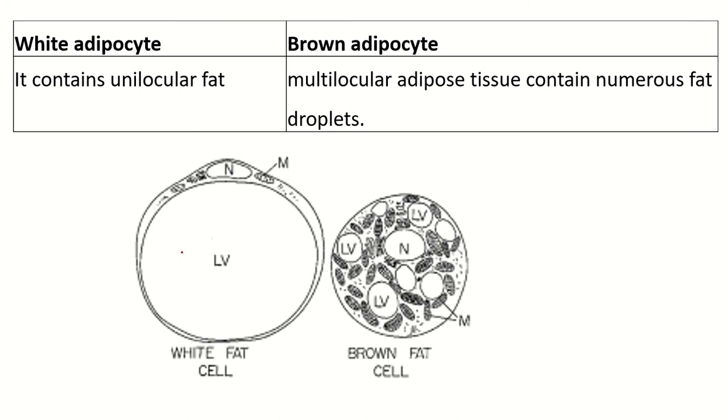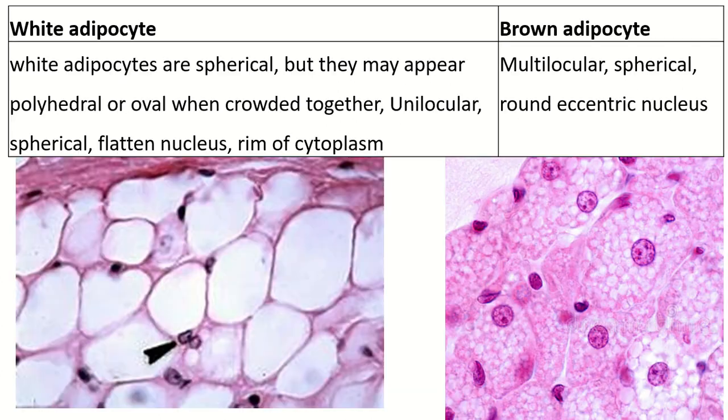The white adipocyte contains unilocular fat, a single large fat droplet, but a brown adipocyte contains multiple fat droplets. This is the histological picture of the white adipocyte and brown adipocyte.